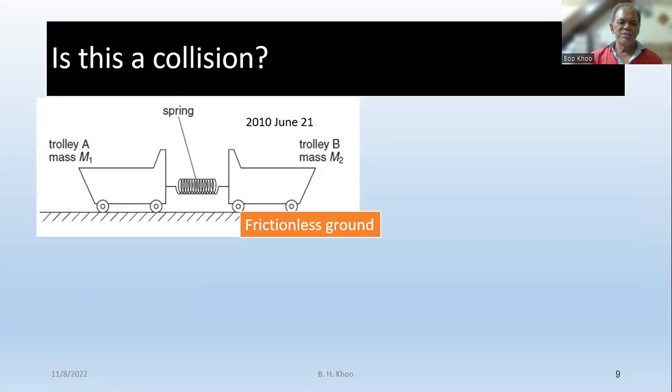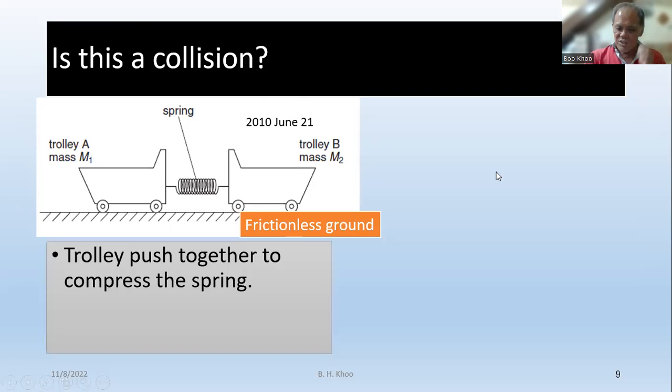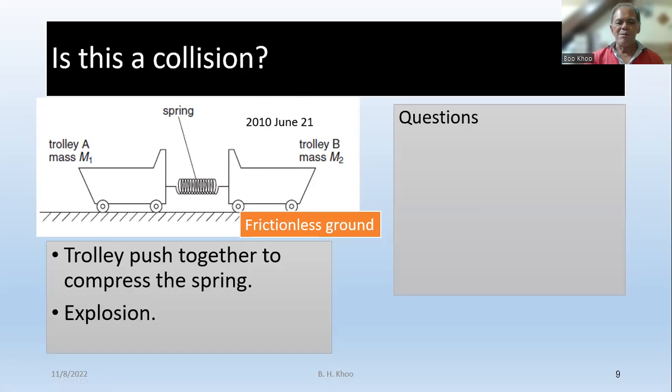Is this a collision? If we have a frictionless ground, this is trolley A and trolley B, with different masses. This is from Cambridge A-level, June 2010. There's a spring compressed between them. The trolleys push to compress the spring. This is a simulation of an explosion. The question to ask is, is it a short time interval?